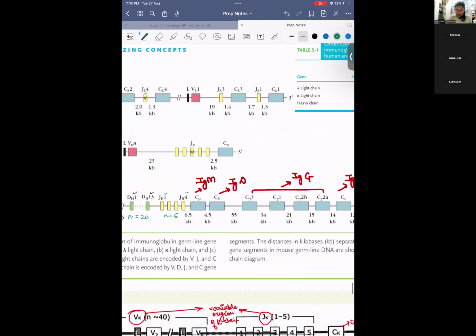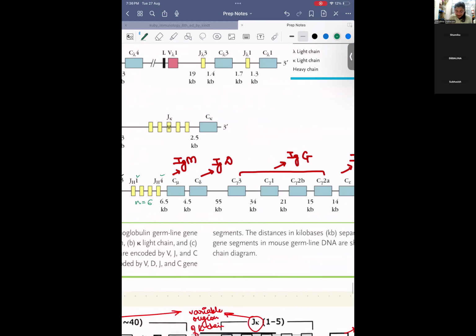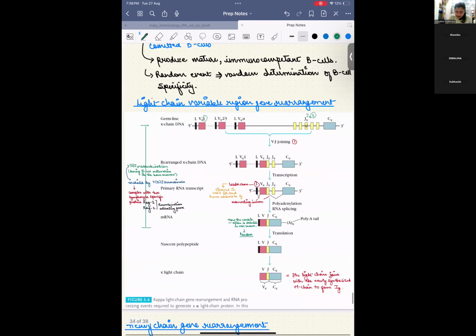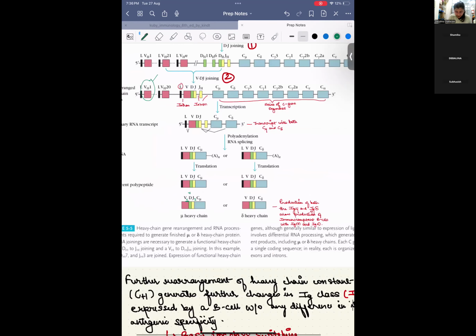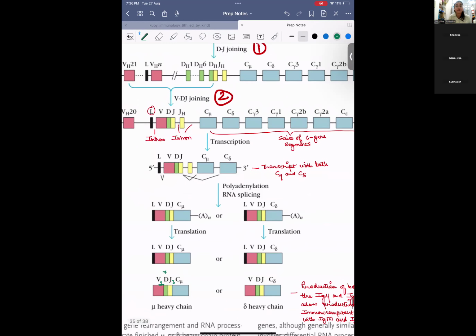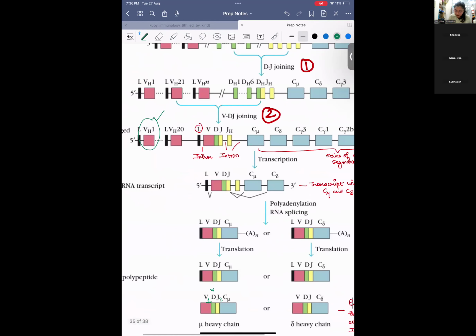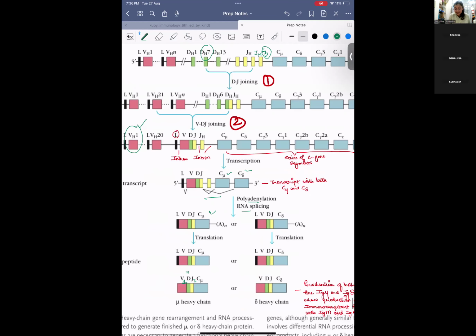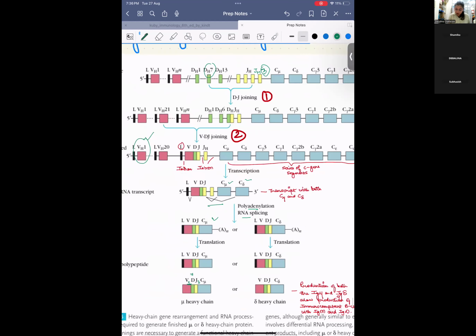Over here, if you see, your C mu and C delta are very close together. After the recombination that happens, we have a primary transcript that has both of them together. A process of polyadenylation and RNA splicing happens, where we have the same B cell producing this as well as this.